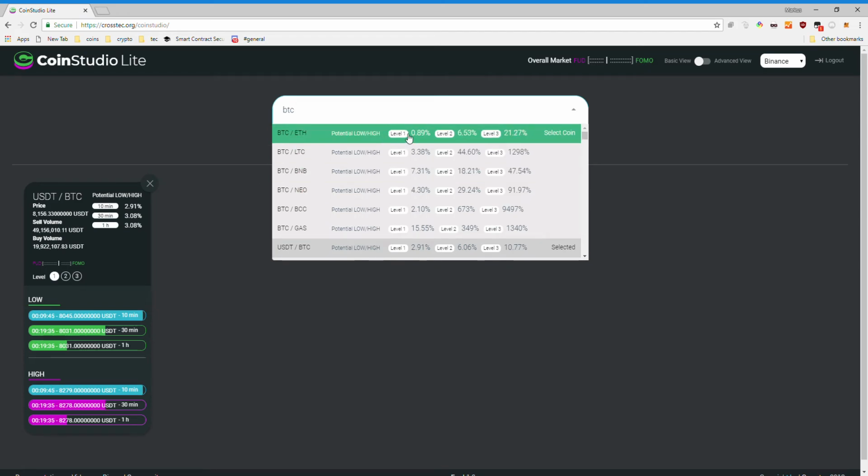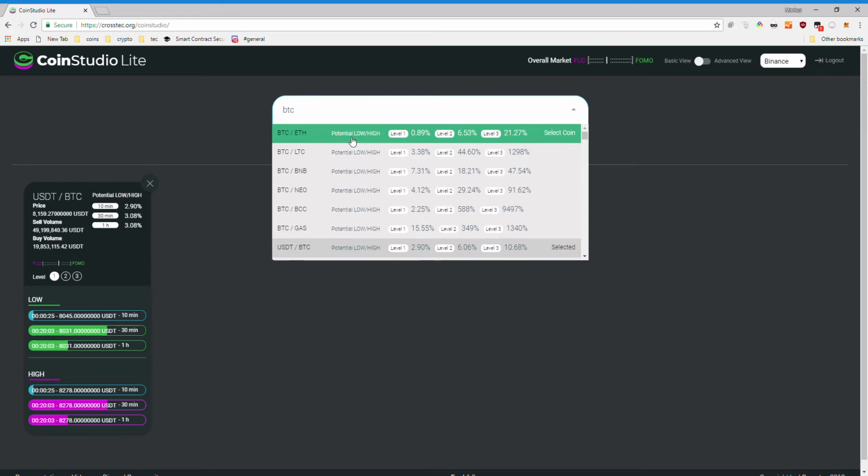And here you have these levels. These are potentials, low, high potentials. Let me first explain what potentials are. Potential is basically the distance between the lows and highs. So here CoinStudio sees some gains can be made between the low and high.